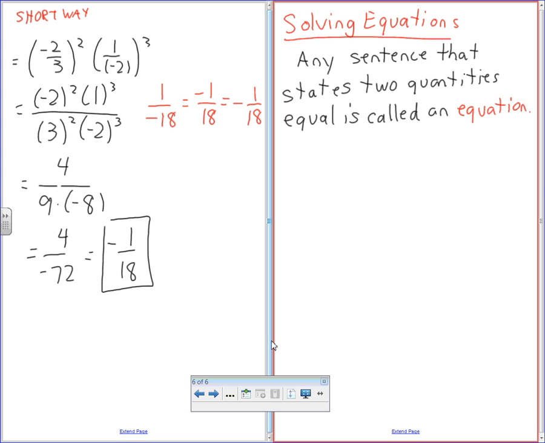Here we go. So that's called an equation. The solution, or root, is a number that makes the left side equal to the right side.